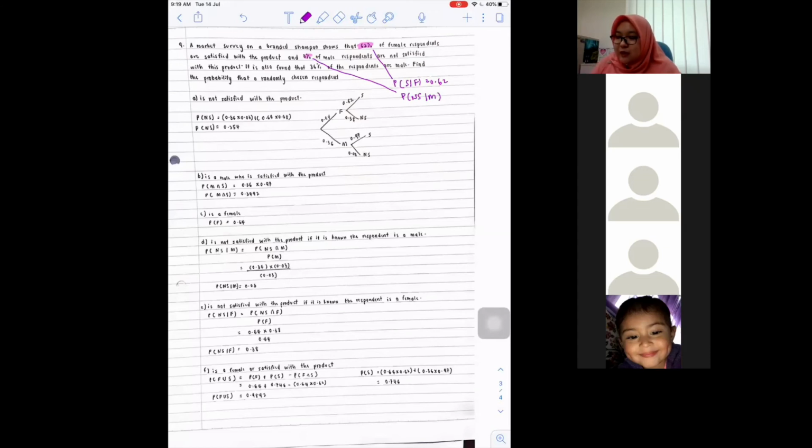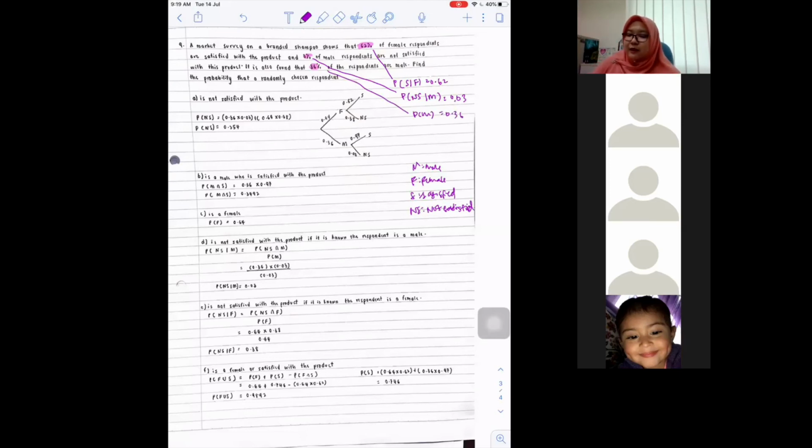So let's use M for male, F for female, S for satisfied, and S' for not satisfied. S' given M is 0.03. And it's found that 36% of the respondents are male, so P(M) is 0.36.